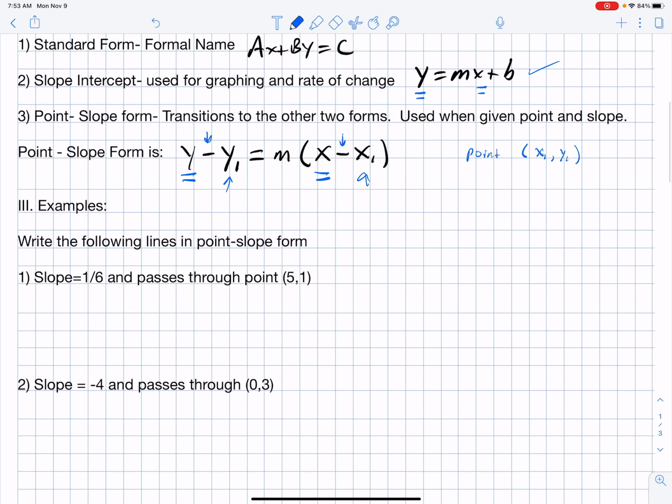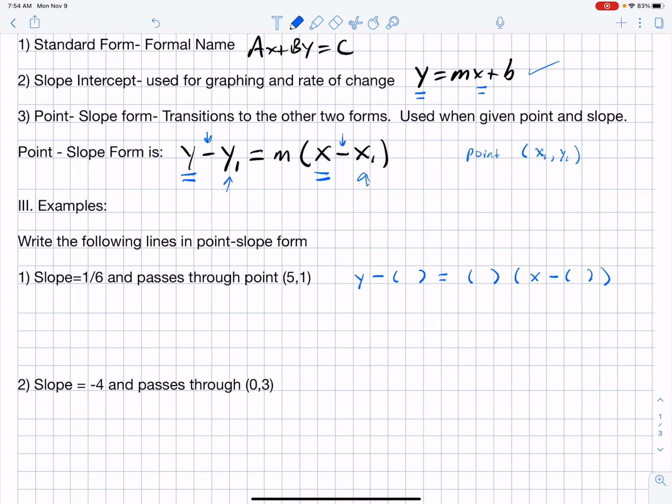So if we want to write the following lines in point slope form, we have a slope of 1/6 and it passes through the point 5, 1. So we're just going to plug in. We're going to be very careful because there's a lot of negatives in this. Y minus the y coordinate equals the slope times x minus the x coordinate, okay?